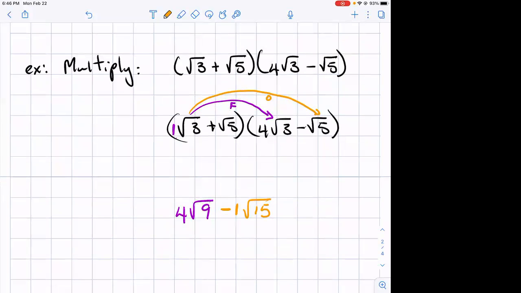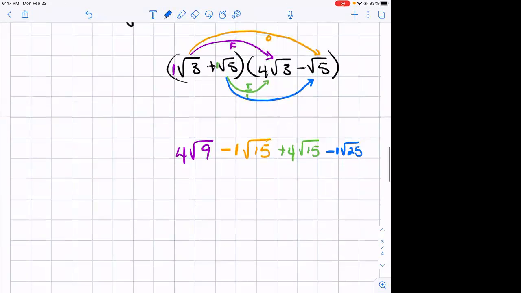Now I multiply the inner terms. This invisible 1 times 4 is positive 4, and root 5 times root 3 becomes root 15. And then finally, the last terms: this times this becomes minus 1 root 25.